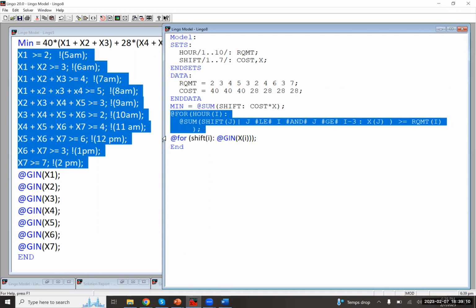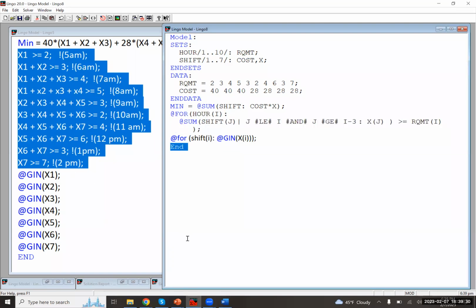This is because LINGO, in this case, allows us to group similar objects together into sets. In this example, such a group would be the hours. So let's consider the next example.